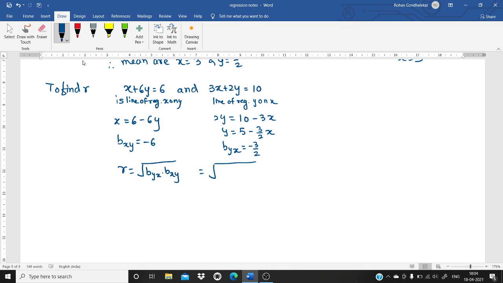So this gives me the square root of minus 6 into minus 3 by 2. So minus minus becomes plus, 2 3s are 6, and we get 3 into 3, that is 9. So the square root of 9 is 3. So the value of r is 3. But one more thing, as both the regression coefficients are negative, therefore both byx and bxy are negative. Therefore r is equal to minus 3, which is a contradiction.